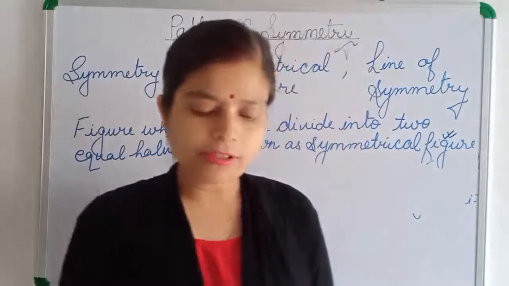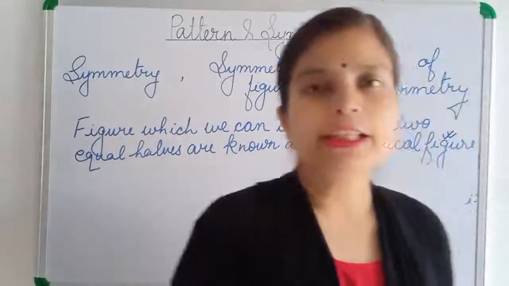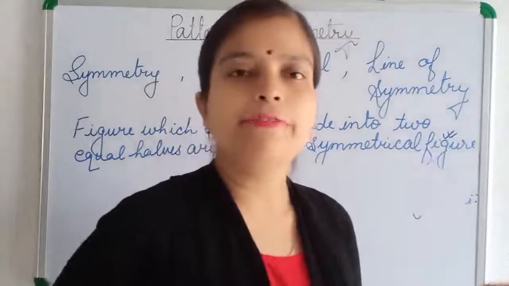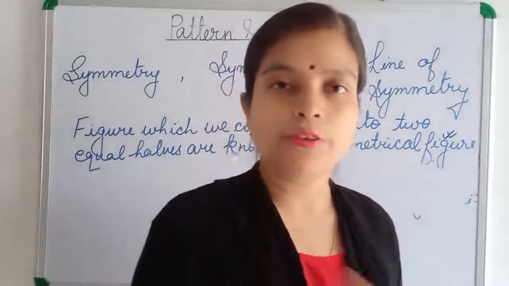So what is the line of symmetry? Line of symmetry is the line through which we can divide any figure, any symmetrical figure, into two equal halves.